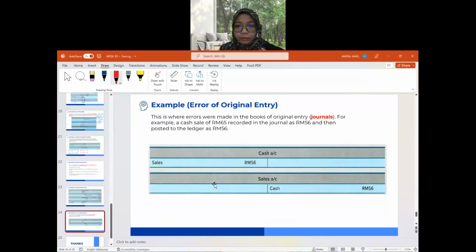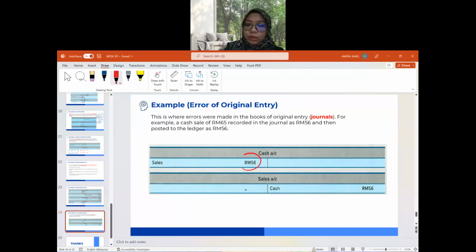And then error of original entry. This is where errors were made in the books of original entry, the journal entry. For example, a cash sale of 65 ringgit was recorded in the journal as 56 ringgit and then posted to the ledger as 56 ringgit.